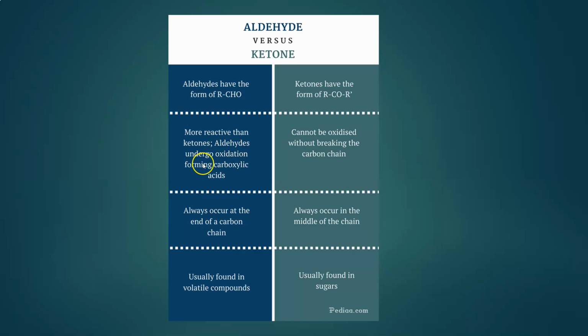They can undergo oxidation forming carboxylic acids. Ketones cannot be oxidized. Aldehydes always occur at the end of a carbon chain. In the case of ketones, they always occur in the middle of the chain. Aldehydes usually are found in volatile compounds, while ketones usually are found in sugars.